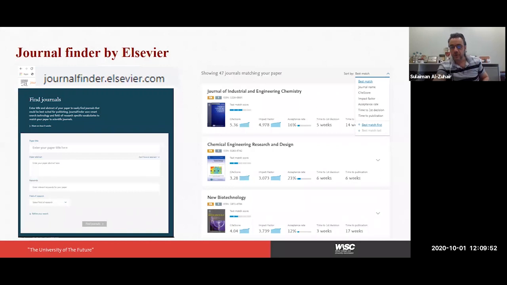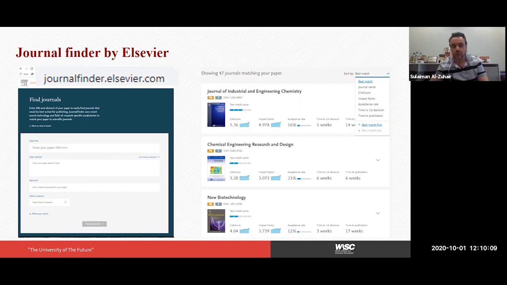Acceptance rate refers to how easy it is for the reviewers and the editors to accept, and there is the time for first decision and time for second decision. So that also gives you an average of how fast they do their job.